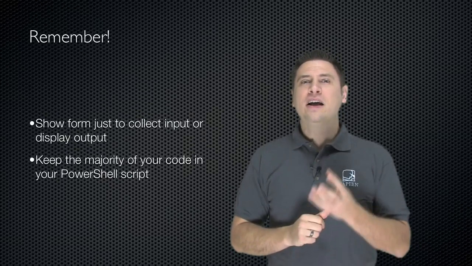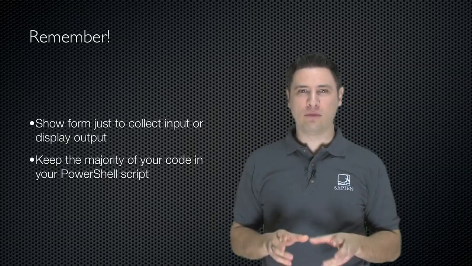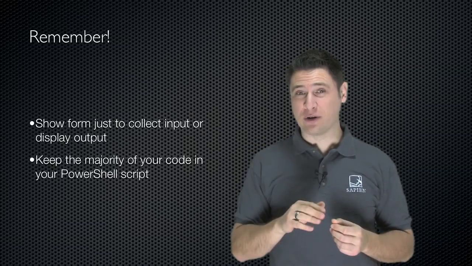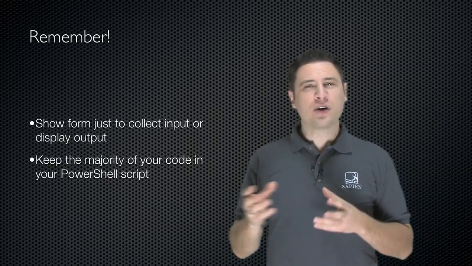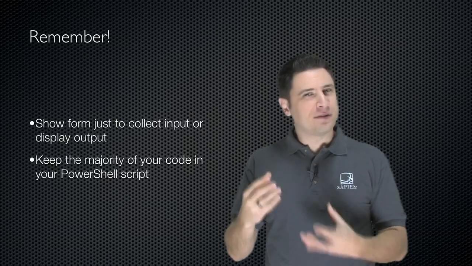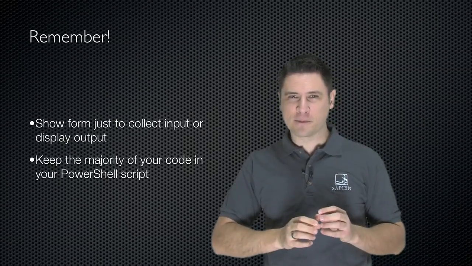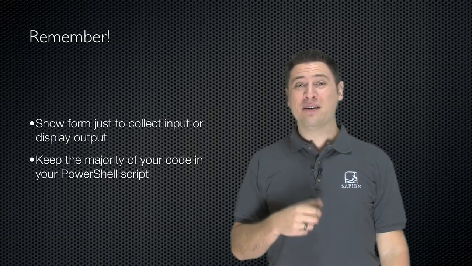Also, remember, you're going to show a form just to collect input or display output. Try and keep the majority of the code in your PowerShell script, not in events within the form itself. Don't try to make a form that's got all kinds of built-in functionality that's triggered by events, because it gets really complicated. WinForms was designed for a multi-threaded environment.